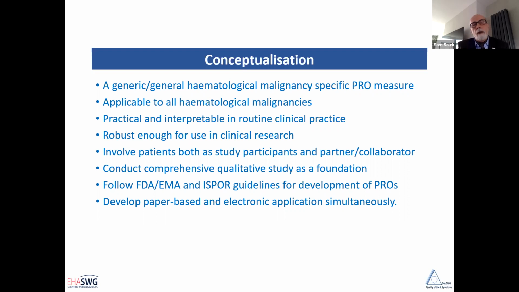So these were concepts that we wanted to take forward. And of course, we wanted to follow the regulatory authorities such as the FDA and the EMA, the European Medicines Agency, and also get their feedback for this development as well. Next, please.